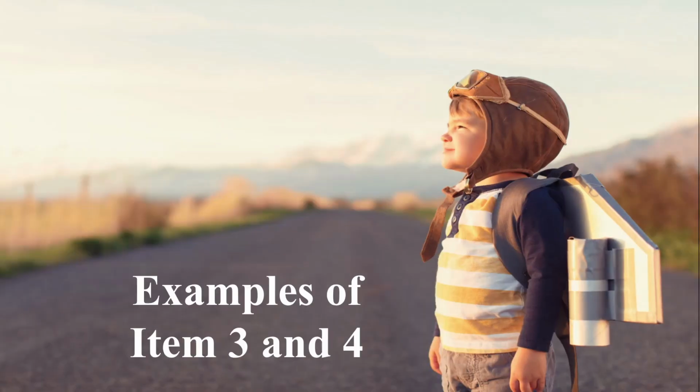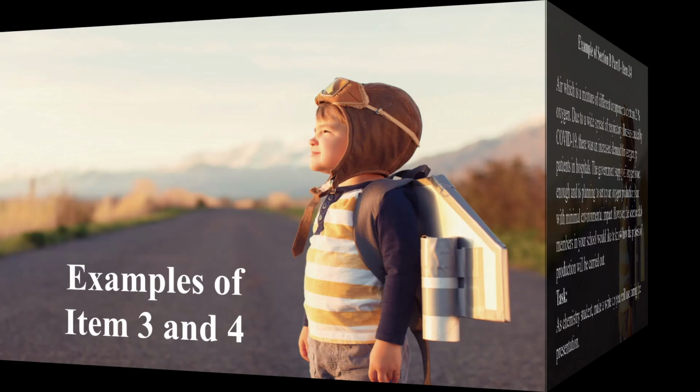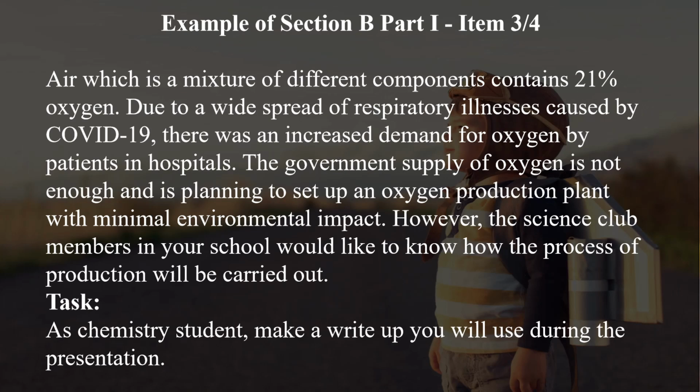So let's have a look at examples of item 3 and 4, which are going to be in section B, part 1. Air is a mixture of different components. It contains 21% of oxygen.